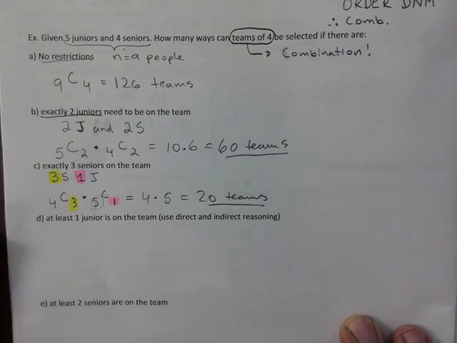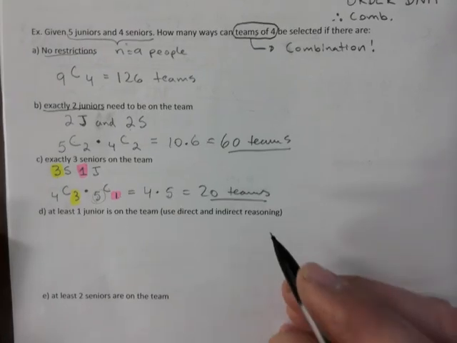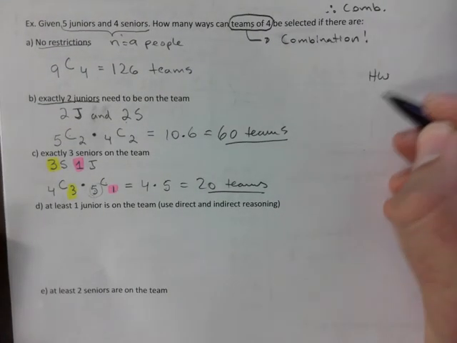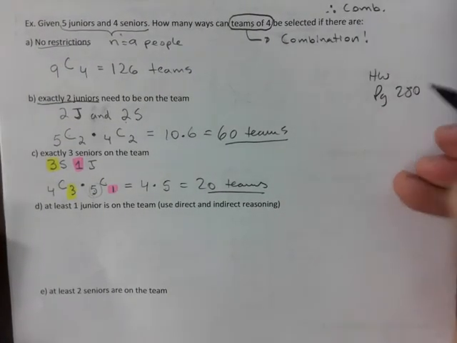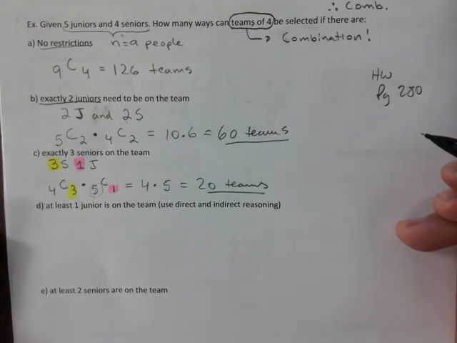So this is actually 4.6 as well. I want you to try at least a few. So ready? Page 280. I'm just going to give you a few here: 1, 2, 6.